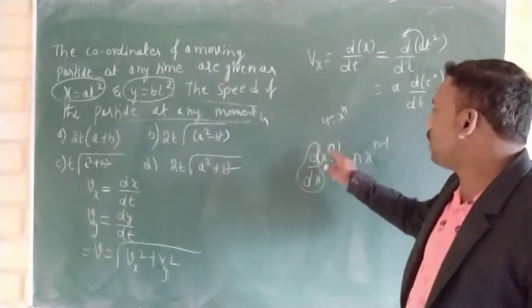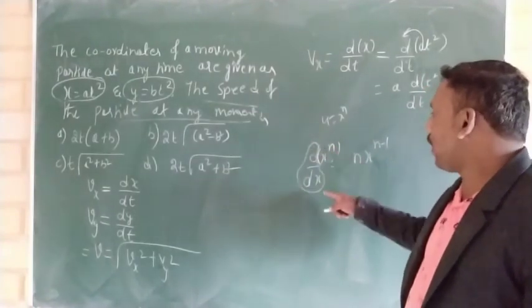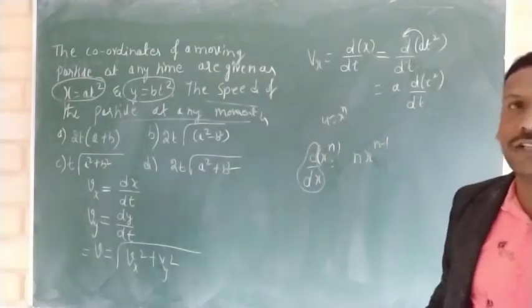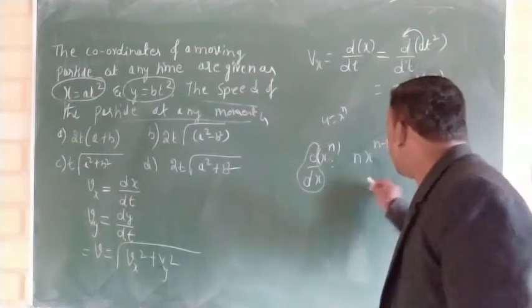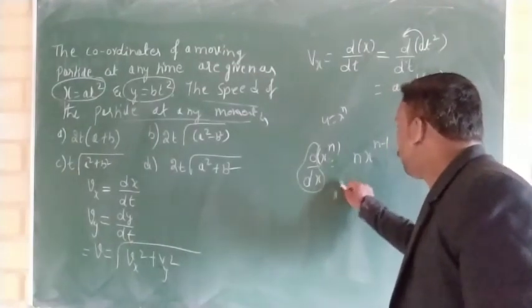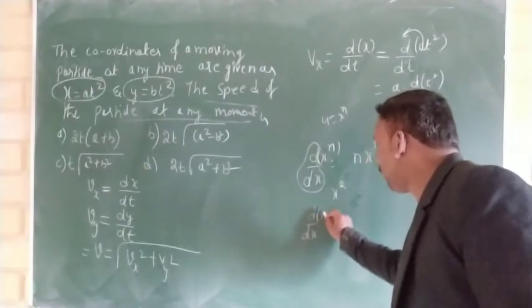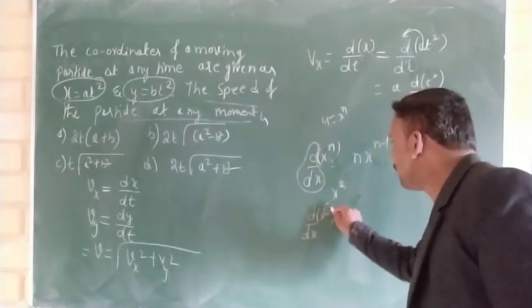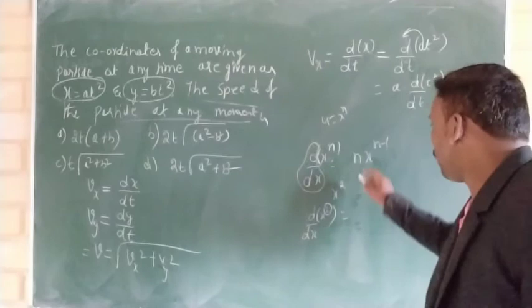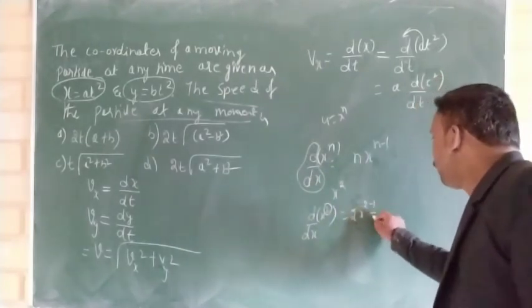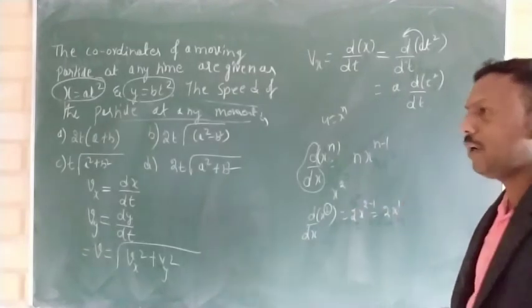If they ask d by dx of x to the power of 2, here n is equal to 2. Applying this formula, it is 2 into x to the power of 2 minus 1, that is equal to 2 into x to the power of 1.